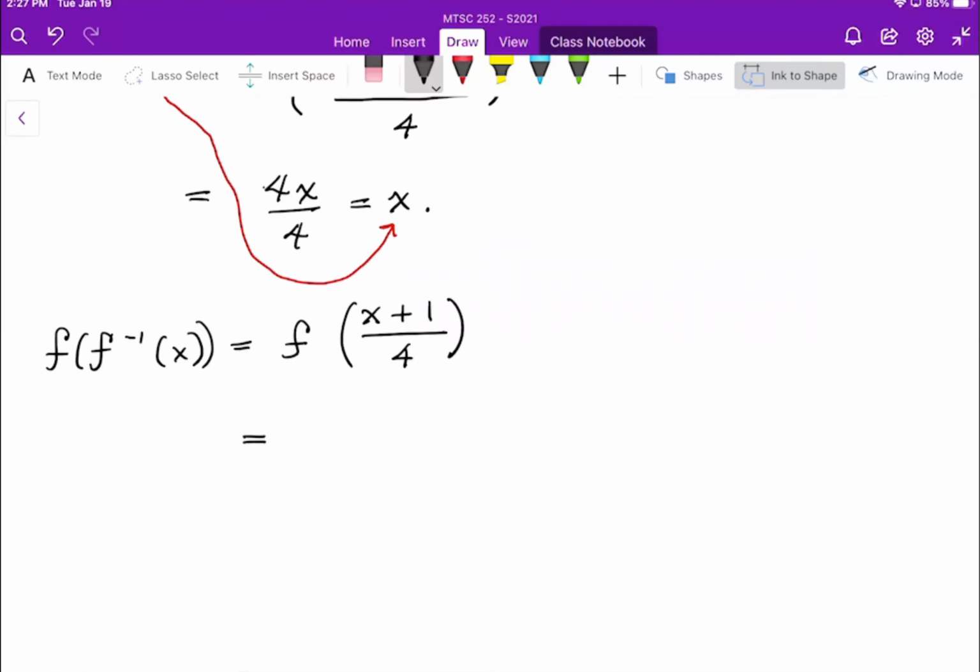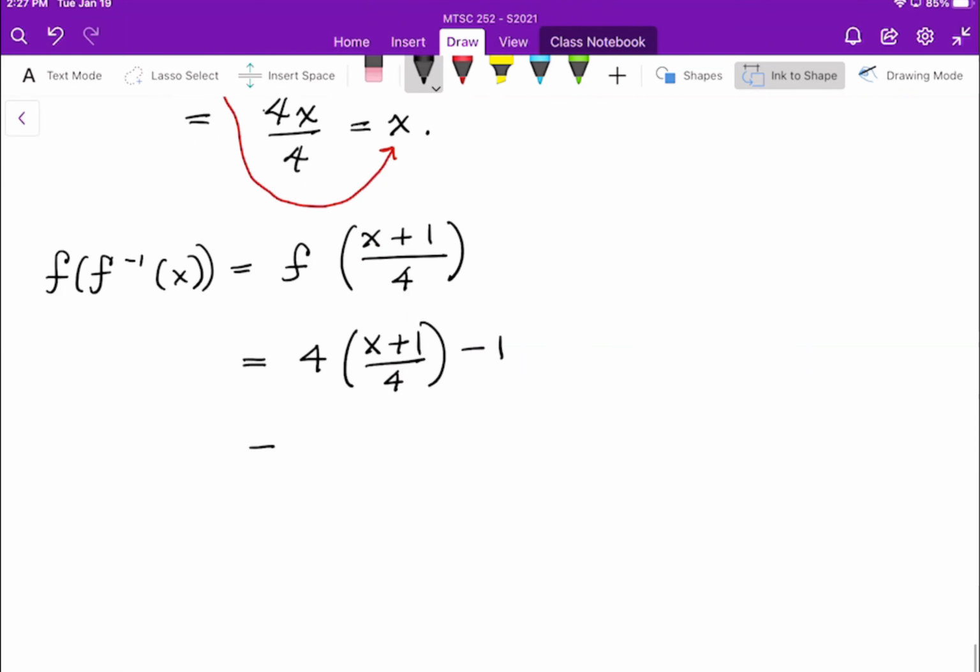So it says take that thing, multiply it by 4 and then subtract 1. But that just gives me x plus 1 because the 4s are going to divide out. Minus 1, and again I get x. So f of f inverse is equal to x. Okay.